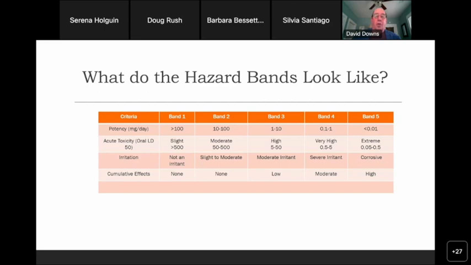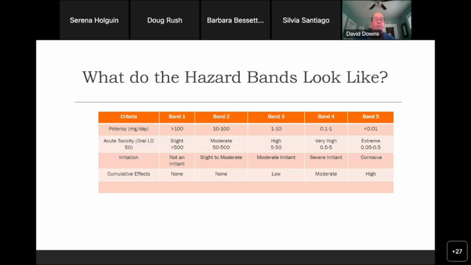So it goes from materials that are considered relatively safe at band 1 all the way through band 5, where materials would be considered particularly hazardous. We might also look at, if we have it, acute toxicity in terms of oral LD50s. That would be an indicator of the hazard of the material.